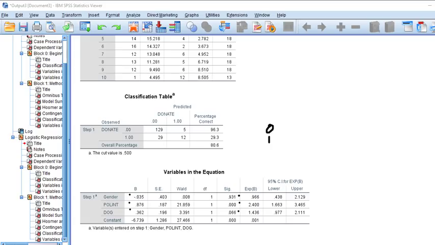It was positive, and so we could say that persons who tended to exhibit more dogmatic attitudes tended to be more likely to express an intention to donate than those who were lower in dogmatic attitudes. So that's kind of how you can think about it.